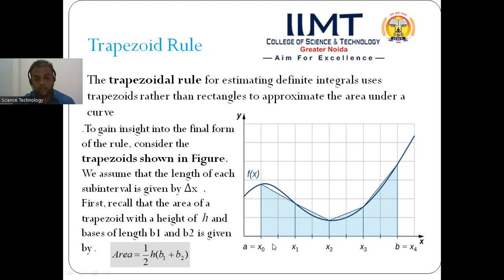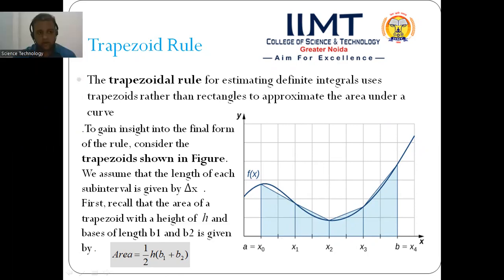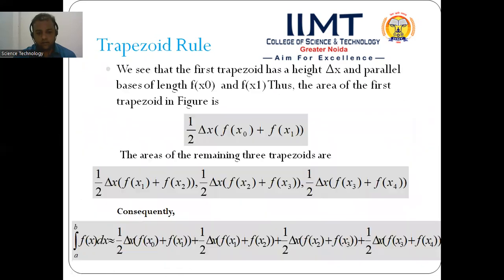So here in this case, h is equal to delta x, and b1 is equal to the value of the function at x0, f(x0). By using this, we can derive the formula for the trapezoidal rule. The first trapezoid has height delta x and parallel bases of length f(x0) and f(x1).